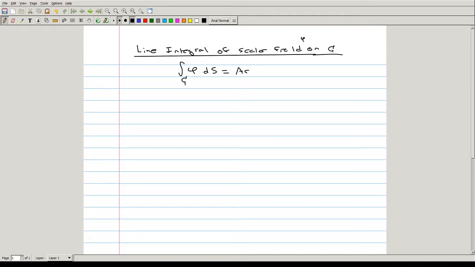It is the accumulation of the function phi on the curve C.